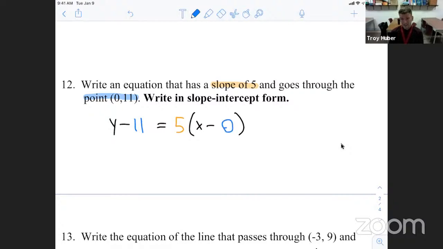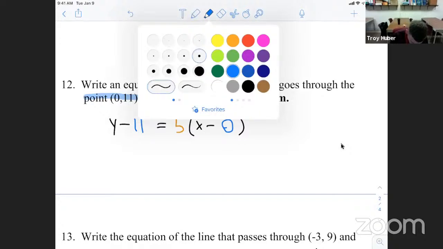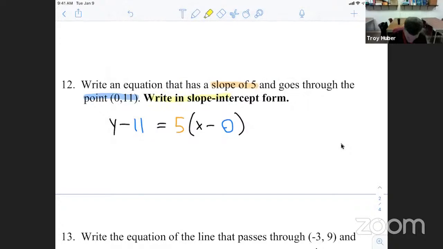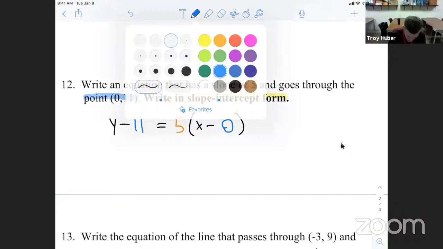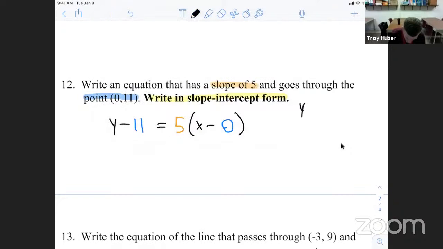However, this time we're not done, because the question asks to write in slope-intercept form. Remember, slope-intercept form is y is equal to mx plus b. So we have to change how this is written, and here's how we're going to do it.